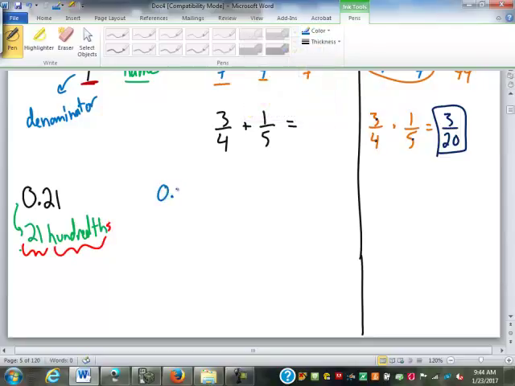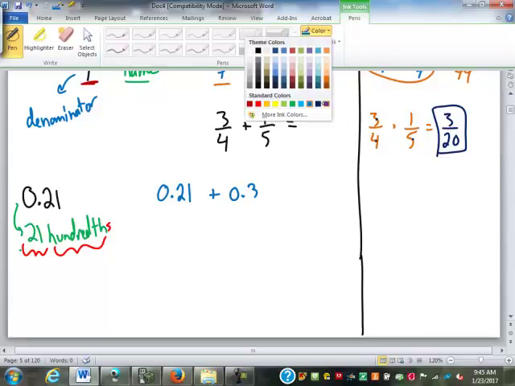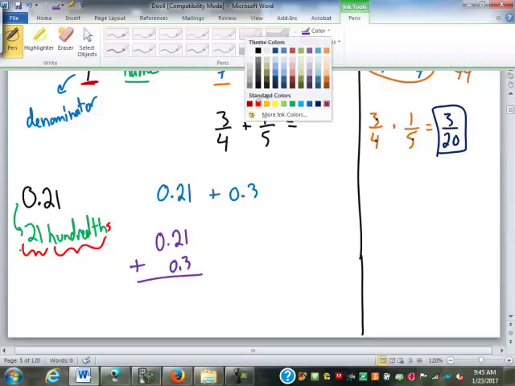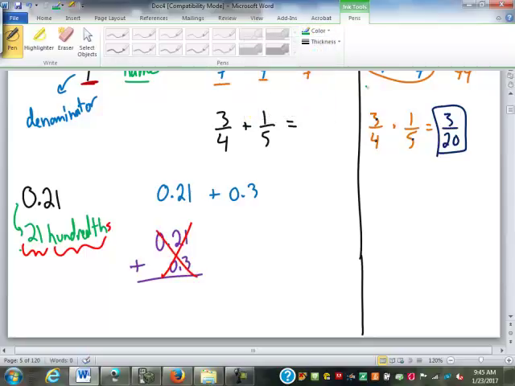So if I go to add decimals, if I have 0.21 plus 0.3, is that going to work? No, why not? What do we have to make sure we do? Well, in 3rd or 4th grade, we were taught that to add or subtract decimals, you must line up the decimal points, right?